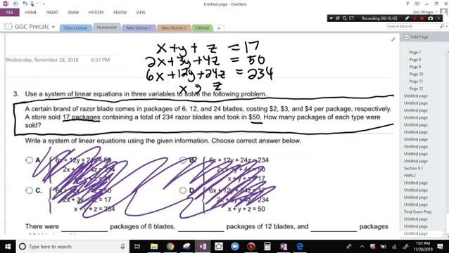Read them off for me. 1, enter, 1, enter, 1, enter, 17. 2, 3, 4, 50, 6, 12, 24, 234, right? Second, quit, just get out of there.